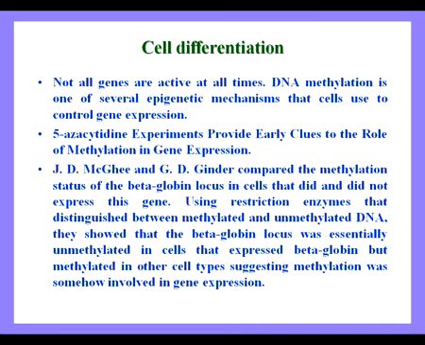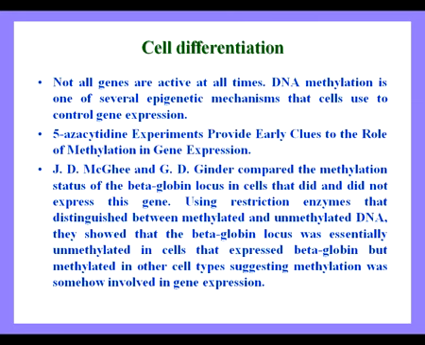In this regard, an experiment was conducted by McGee and Ginder, who utilized a unique property of a chemical compound called 5-azacytidine. These two scientists compared the methylation status of the beta globin locus in cells that did and did not express this gene.